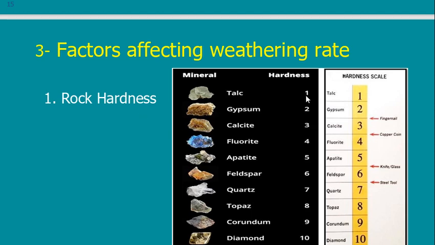Rock hardness starts from 1 for talc, and it increases till it reaches 10 in the case of diamond. Of course, if I put a diamond ring for millions of years, it will not be affected because it is diamond, it is very hard. But if I take a piece of talc and leave it for a period of time, it will be affected by weathering.